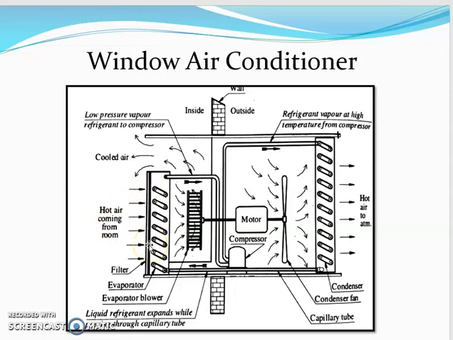The filter cleans the air and then it passes to the evaporator. Within the evaporator, refrigerant is moving, and that refrigerant takes the heat from the air. So the air gets cooled down and there is a latent heat transformation of the refrigerant. The refrigerant gets evaporated and then passes to the compressor.